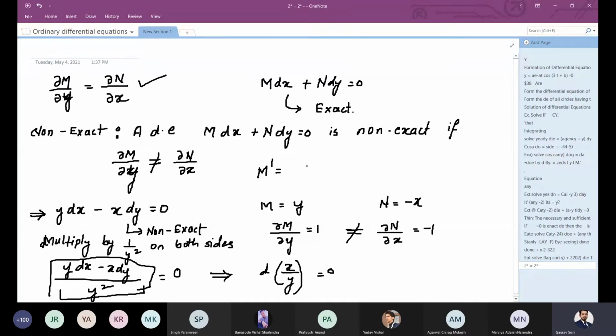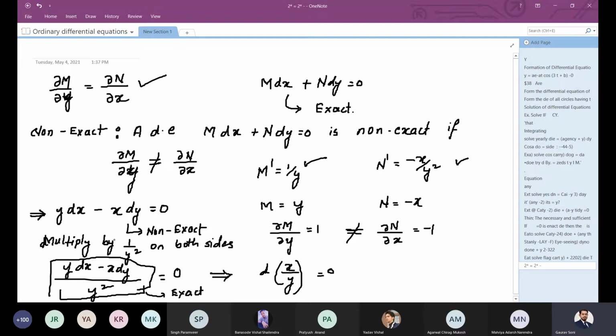M dash is 1 upon y if you separate the denominator, and N dash is minus x by y square. Now this has become exact. You can check: the derivative of M dash with respect to y is minus 1 by y square, and the derivative of N dash with respect to x is minus 1 by y square. So this has become exact by multiplying by 1 by y square.